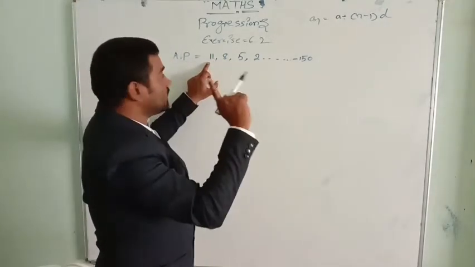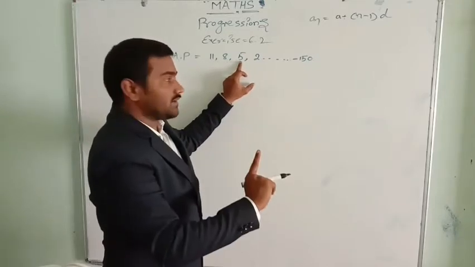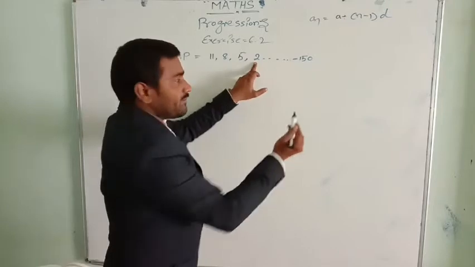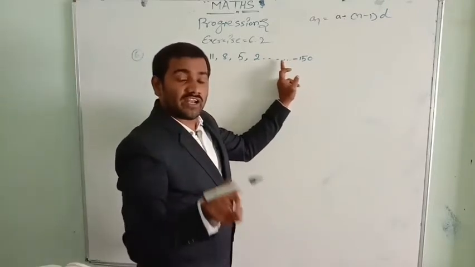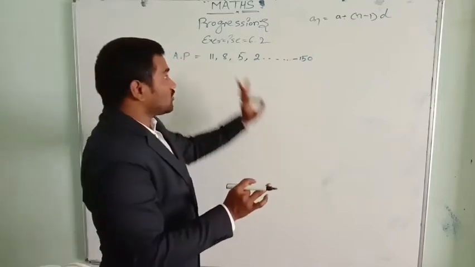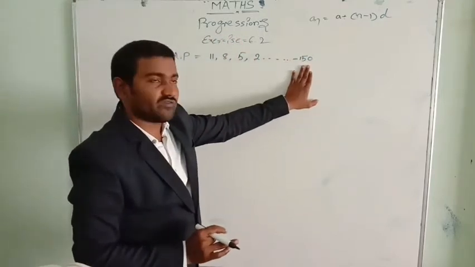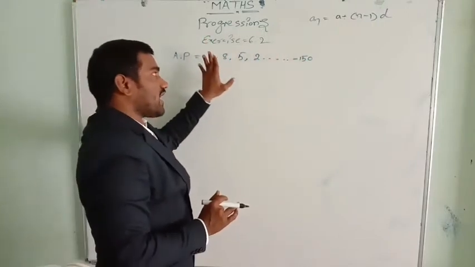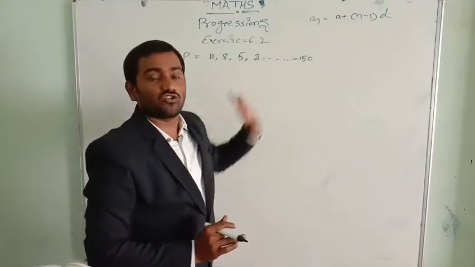Here 11 is the first term, 8 is the second term, 5 is the third term, 2 is the fourth term, and so on. There are many terms here. Hence, is minus 150 related to this arithmetical progression or not? If it is, minus 150 is which term of this arithmetical progression? That we need to find out.